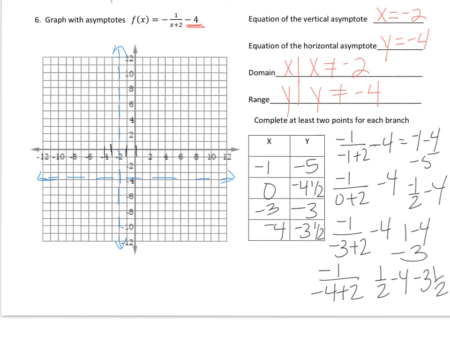Let's see. 1, negative 5, and 0, negative 4.5. So that branch goes like this. And then 3, negative 3. And negative 4, negative 3.5. It's going to be hard to draw on there. Almost got it. And there is our graph.